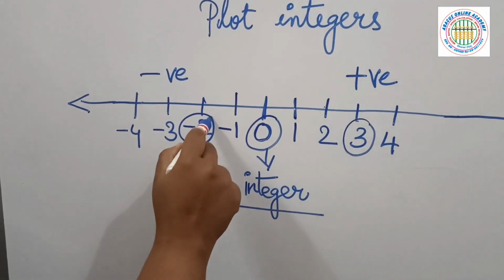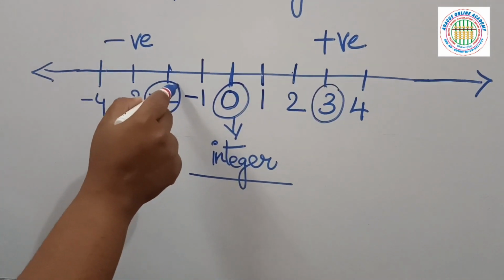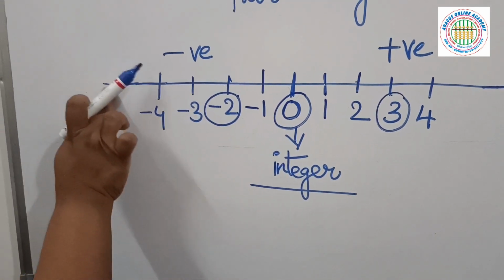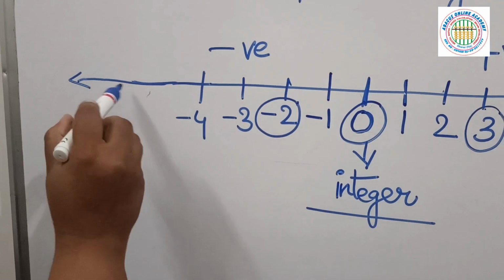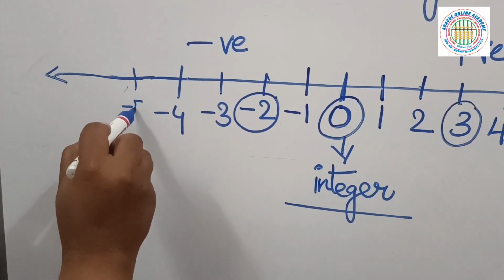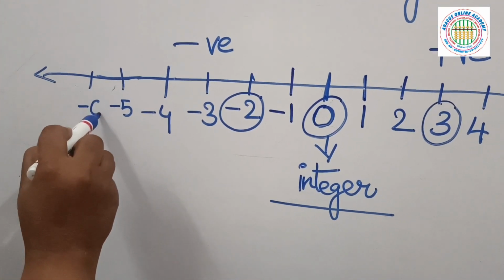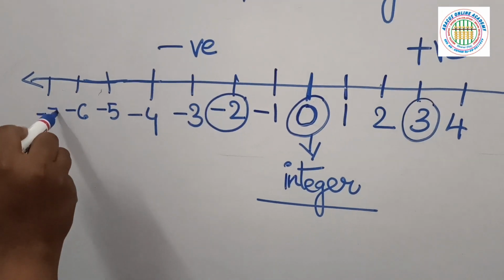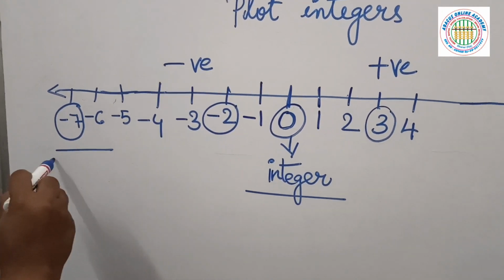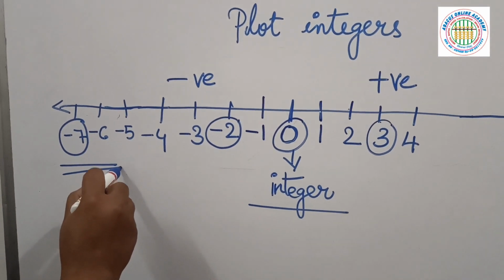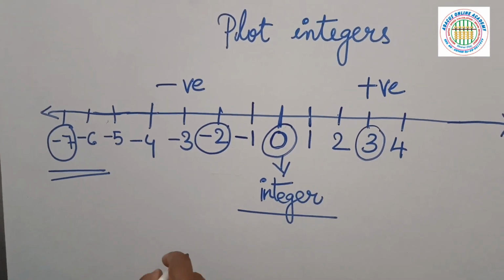If I ask you to plot minus 7 in this number line, you can just stretch this line and mark minus 5, minus 6 and minus 7. So minus 7 is here. So plotting numbers on the number line works like this.